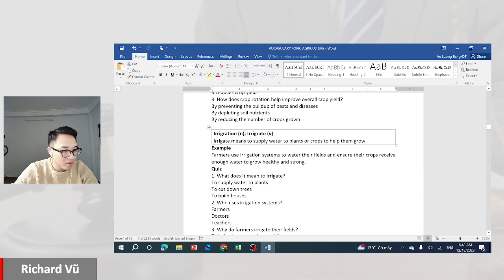Let's move on to the next question on our list. How does crop rotation help improve overall crop yield? By preventing the buildup of pests and diseases, by depleting soil nutrients, or by reducing the number of rows of crops.